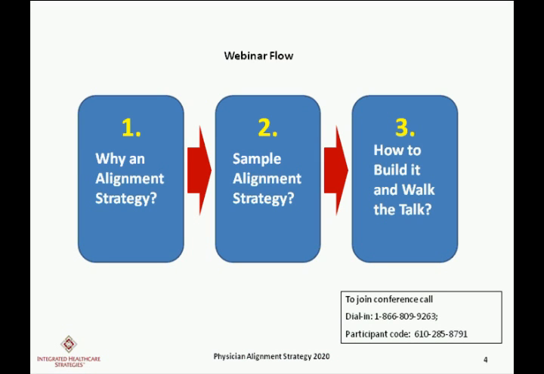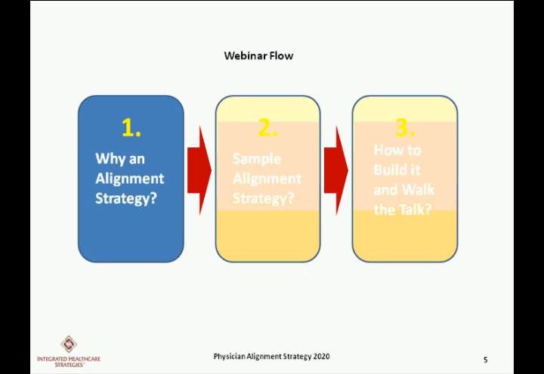We're going to give a discussion about some samples and key elements of a physician alignment strategy. And then we'll be spending some time on how organizations are finding it efficient and effective to move through a process to build the strategy and then use it as a means of making sure that the organization broadly walks the talk of alignment.